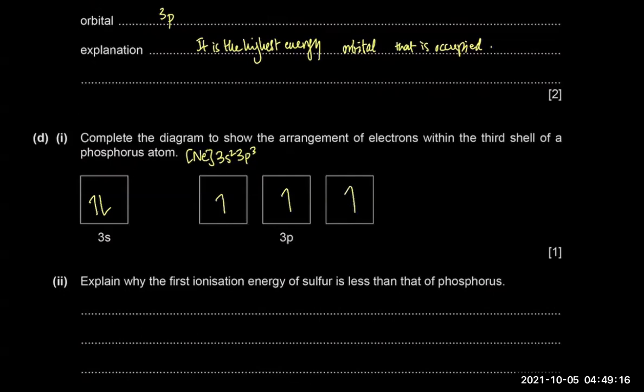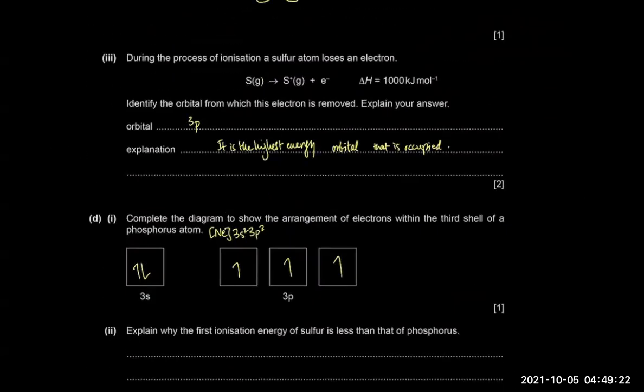Explain why the first ionization energy of sulfur is less than that of phosphorus. Exactly, it's a break in the trend, right? Ionization energy increases across a period.